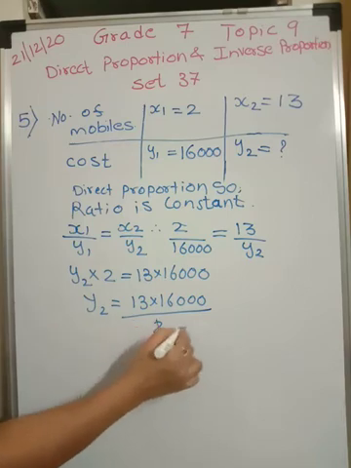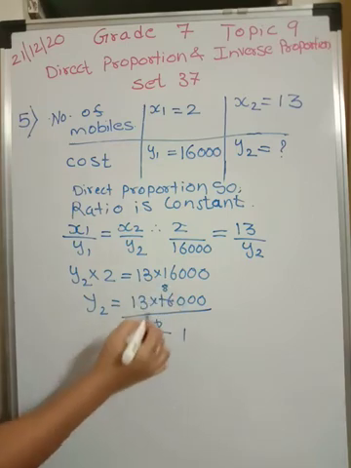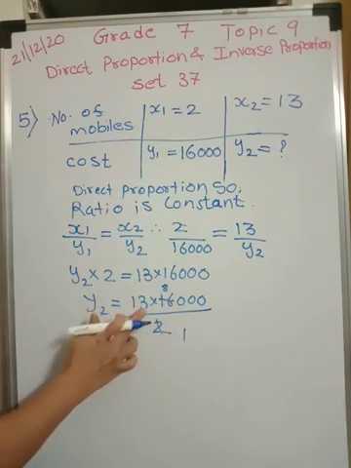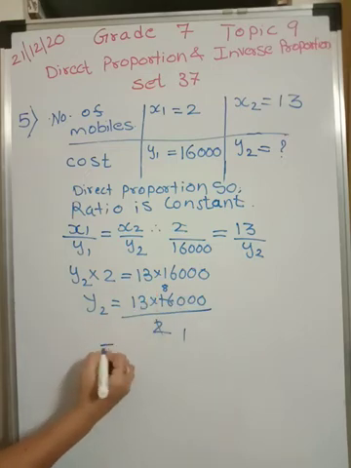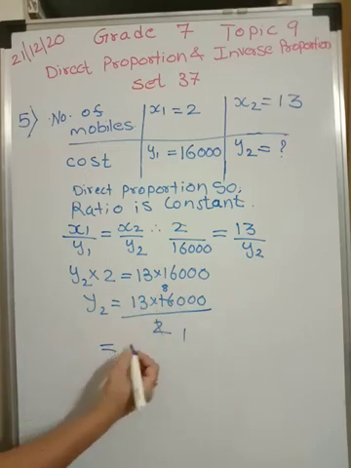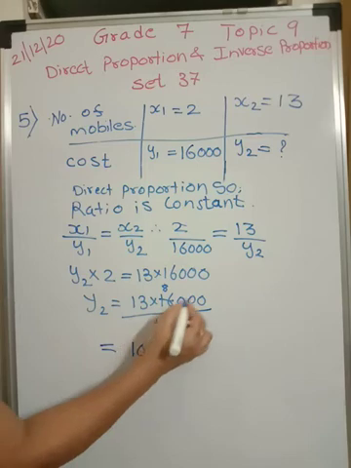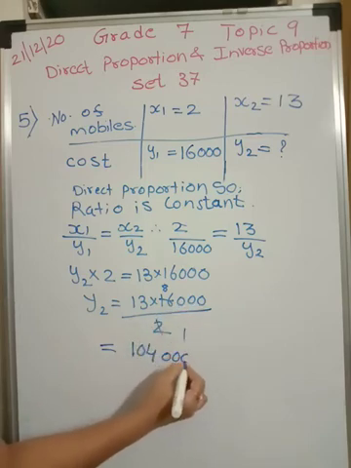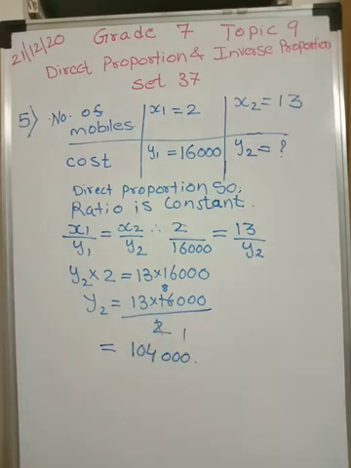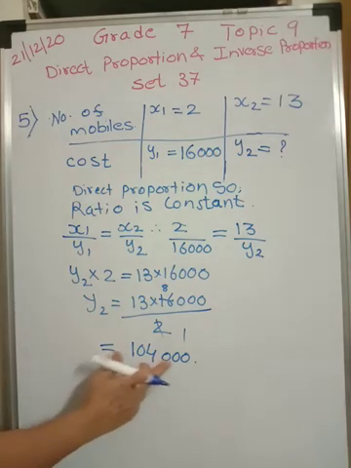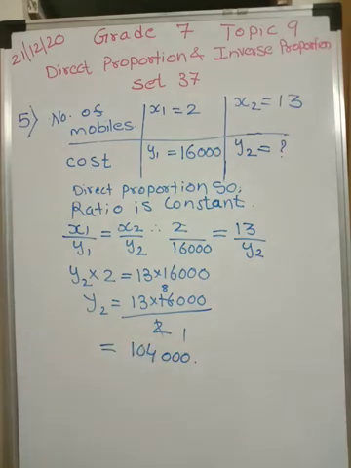Okay. So 2 ones are 2, 8s are 16. So it is as good as 13 into 8,000, which is equal to 104 and 3 zeros. So you have 1,04,000 is the cost of 13 mobiles. I hope this is clear.